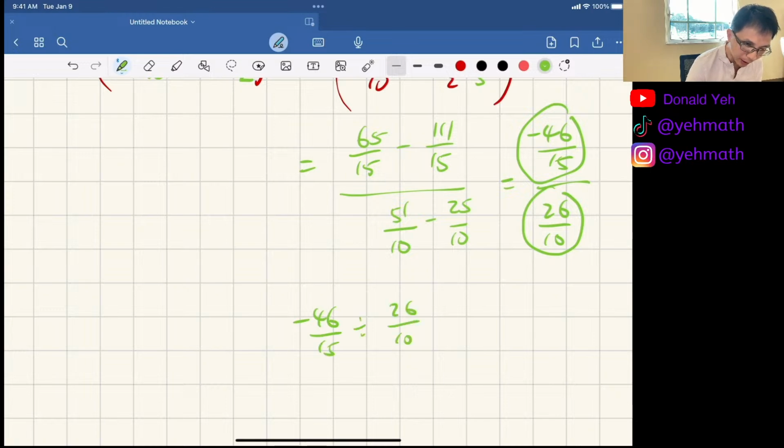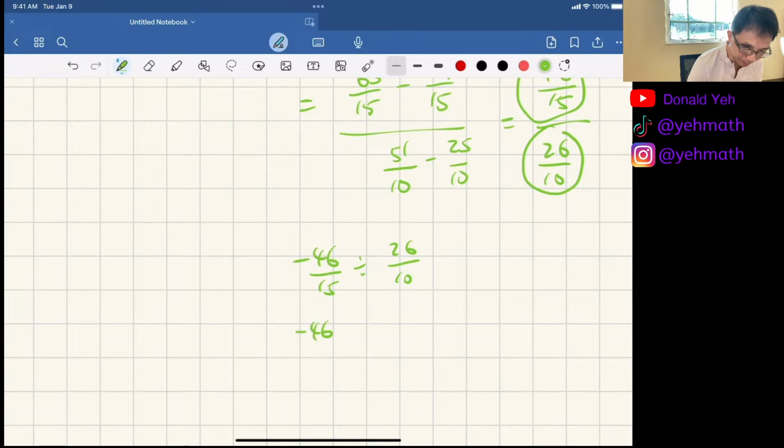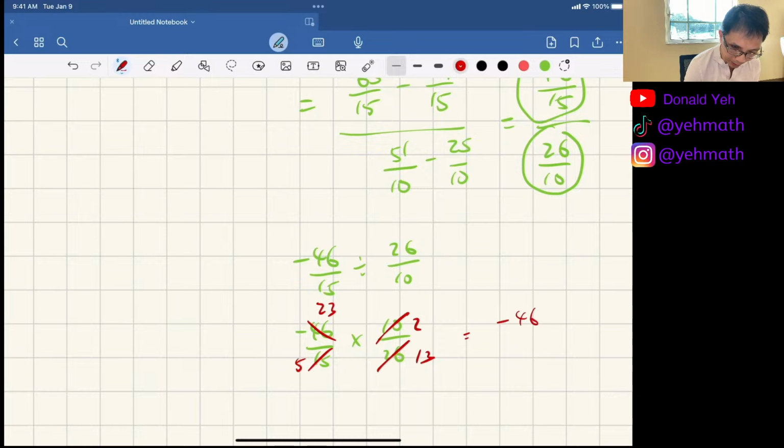Yeah. And can I keep, change, flip? Can I simplify? Where? 10 and 15, so it's 2 and 5. And this is 13 and what? 23. Good. Still negative, so it'll be negative 46 over 65. Final answer.